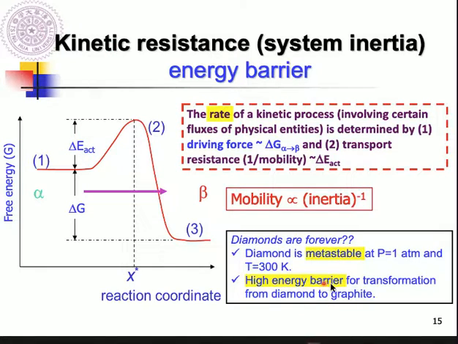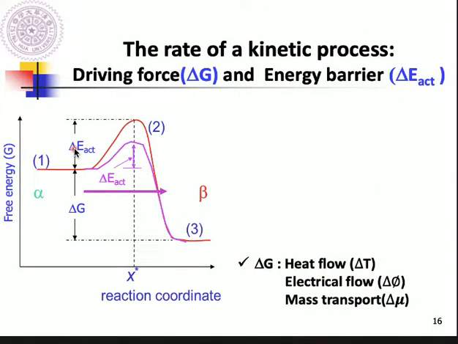The high energy barrier for transformation from diamond to graphite makes it quite difficult. In our whole life, we cannot observe our diamond ring converted to graphite. So we need kinetics to help us identify how fast this reaction happens, and how to control or manipulate the rate.